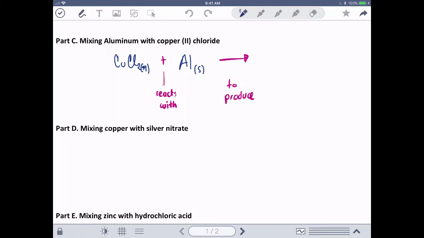After this chemical reaction takes place, you saw the formation of copper solid and aluminum chloride, aqueous.